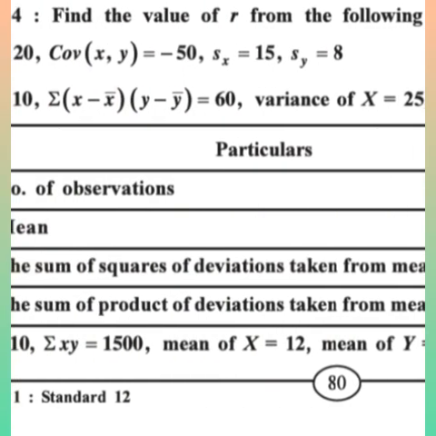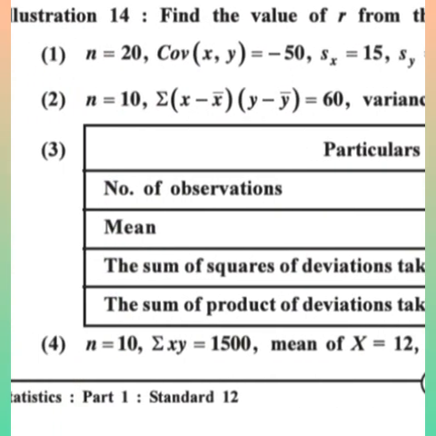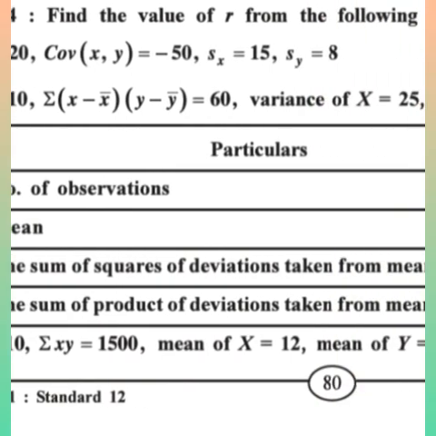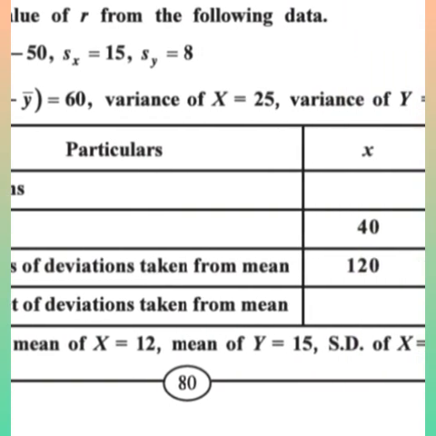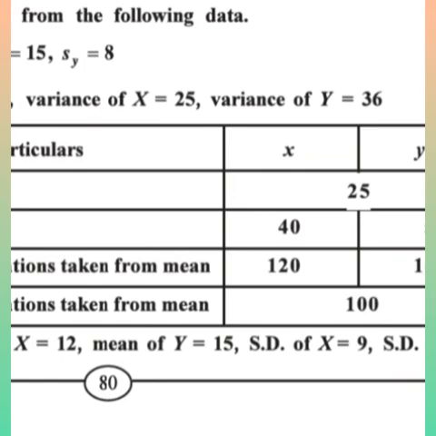So in short, in our second sum, we have n is equal to 10, sigma (x minus x bar)(y minus y bar) is equal to 60, sx will be 5, not 25, and sy will be 6, and not 36. Now what formula could be used?